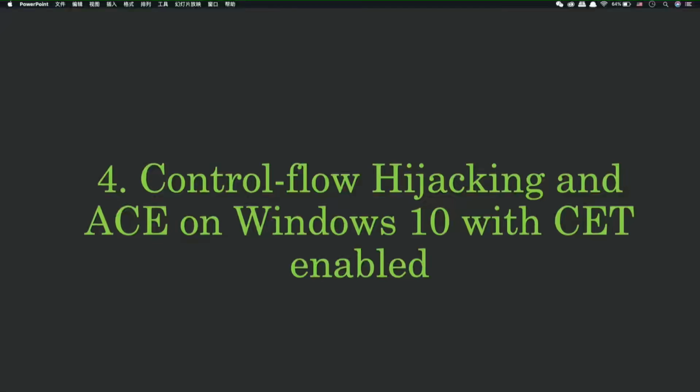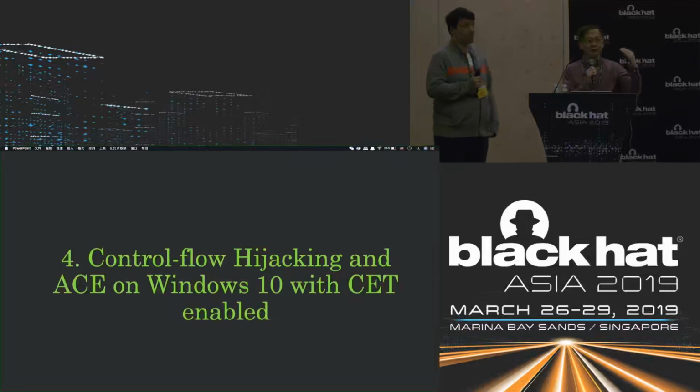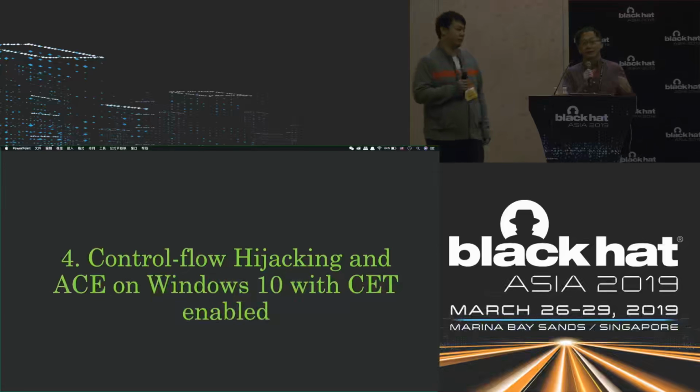Next part is about the control flow hijacking idea, and Chung will talk about it briefly. Yeah. So we talked about the software solution for control flow hijacking, and we talked about Intel's hardware solution. And then we talked about the Windows 10 implementation for the CET enhancement.